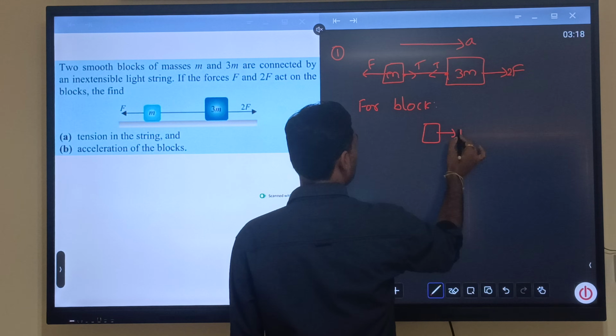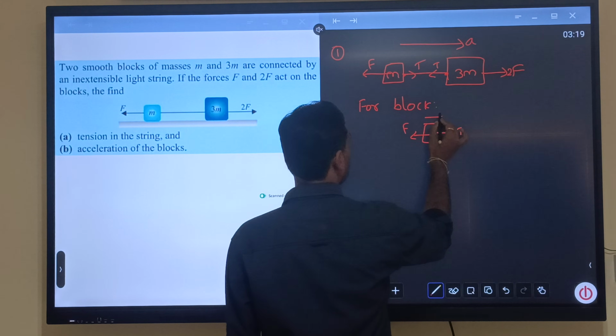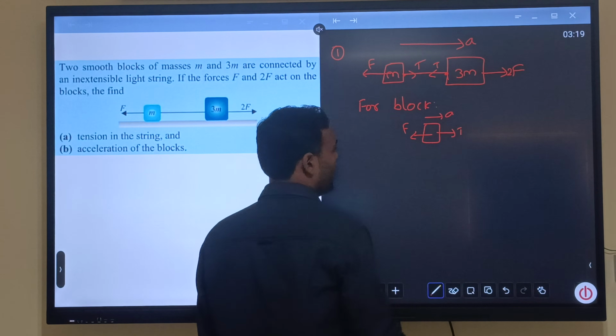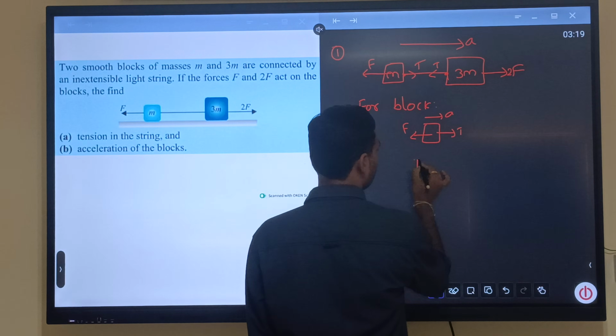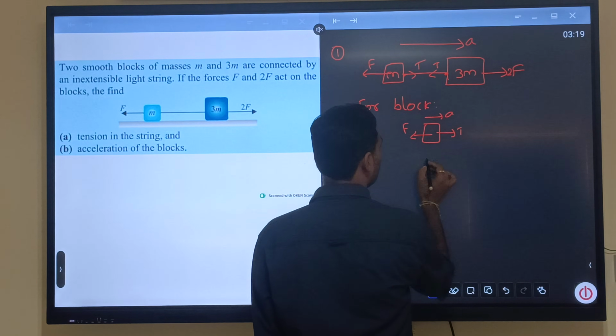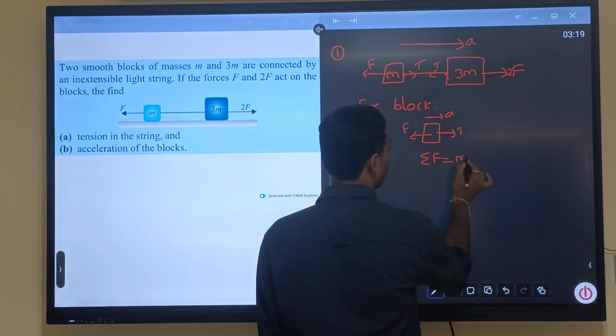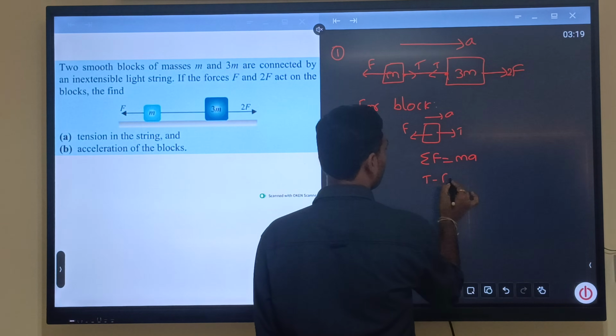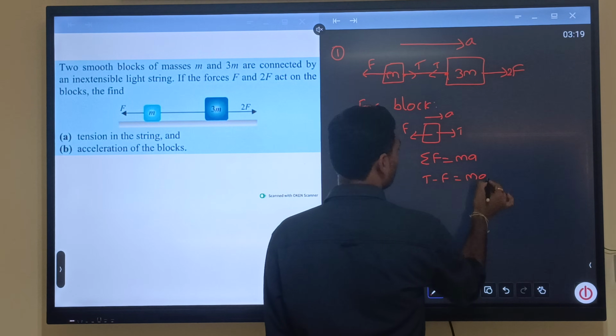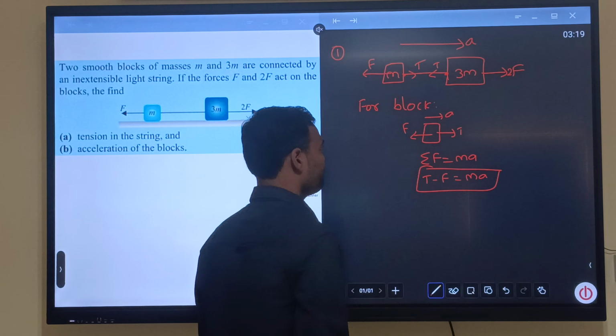Now this is the tension, this is the force, and it is moving with acceleration a, and this I can write as T minus F by using Newton's second law. Sigma F equals ma, so T minus F equals mass into acceleration. First equation.